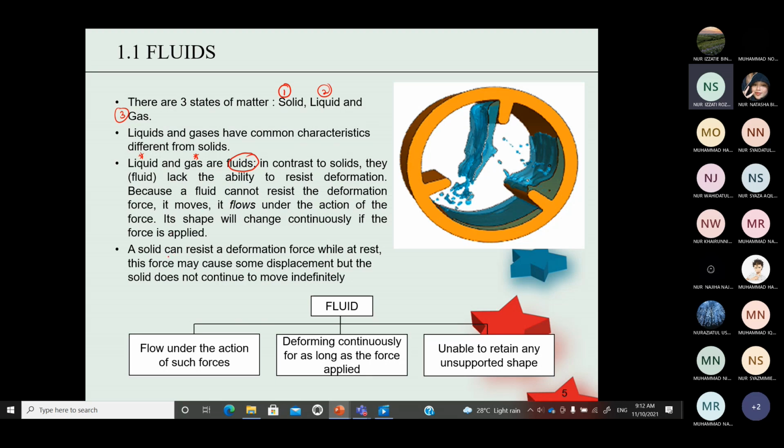A solid can resist a deformation force while at rest. This force may cause some displacement, but the solid does not continue to move indefinitely. A simple example I give is plasticine.